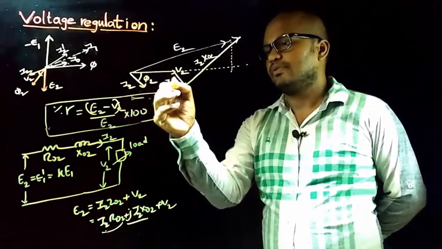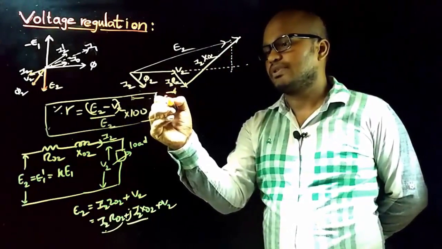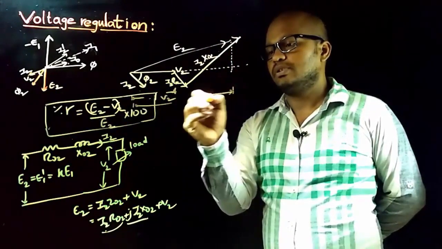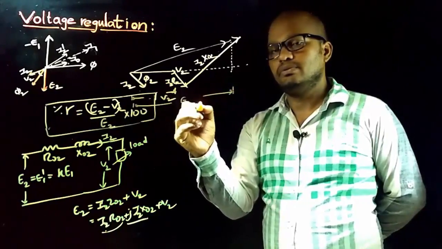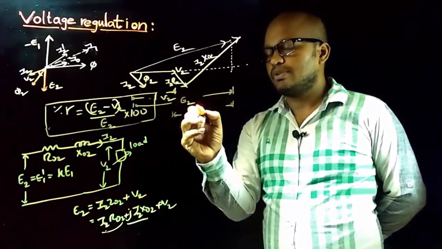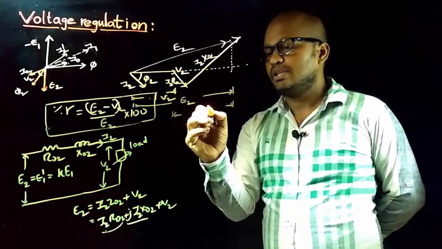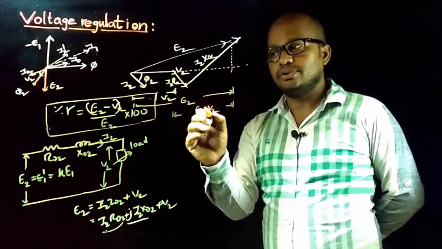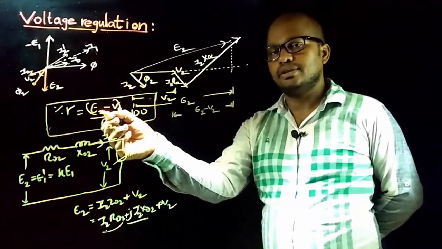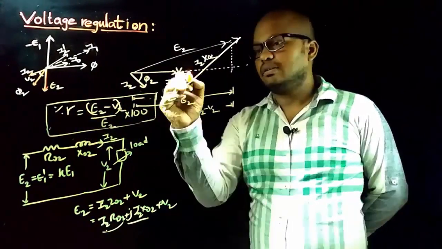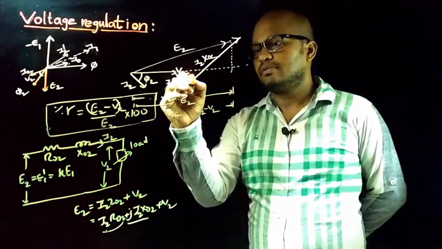From this portion to this portion it represents V2, and from this portion to this portion it represents E2, and from this portion to this portion it represents E2 minus V2. If we can find E2 minus V2, then we can find the formula for percentage voltage regulation, and this angle is phi 2.